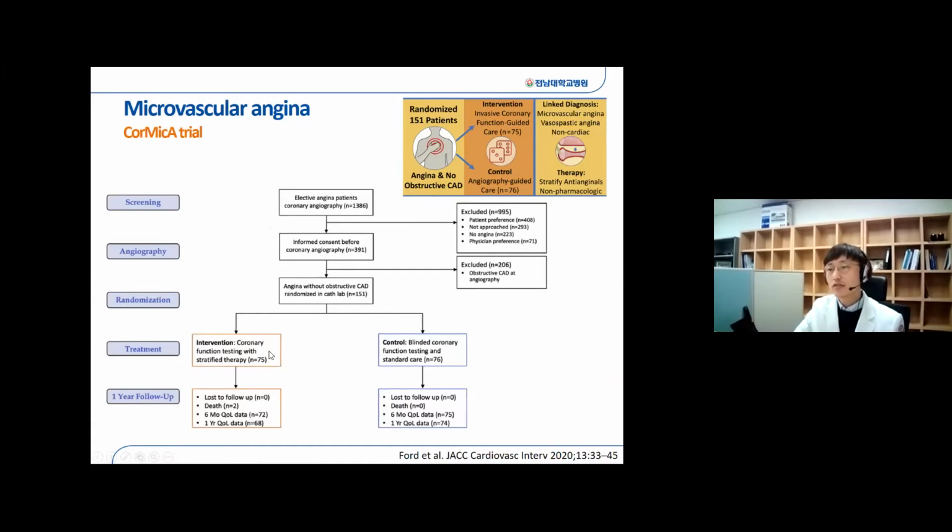For the intervention group, the coronary functional testing results were disclosed to the referring physicians, and the referring physicians stratified their medical therapy according to the functional study results. For the control group, the functional testing was performed, but the results were blinded to the referring physicians, and the medications just followed the standard care defined by the current guidelines.